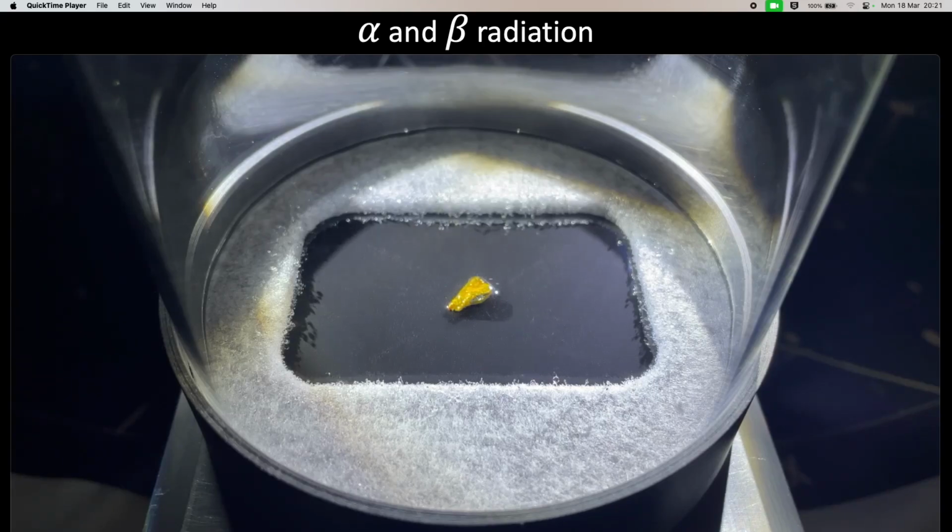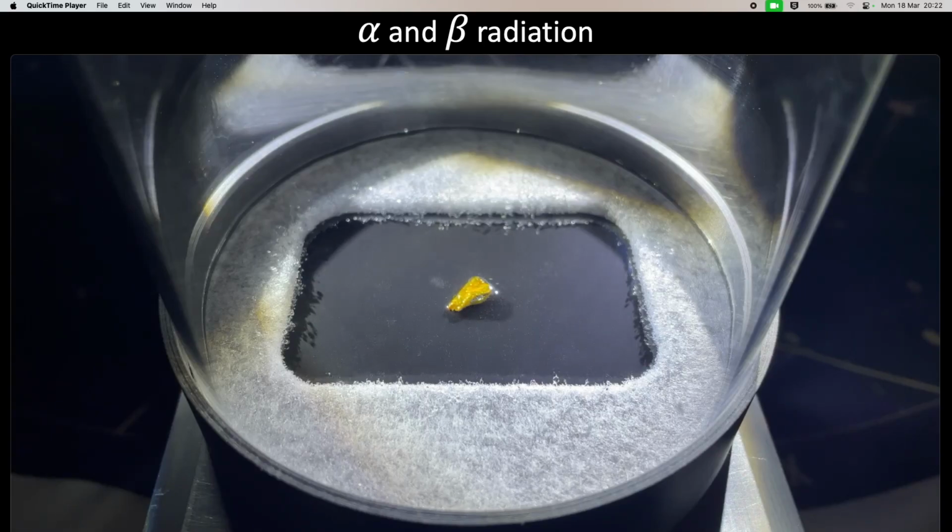But alpha is more of a bulldozer and will produce a much broader track, because the alpha particle is so massive compared to the electron, which is thousands of times lighter. So we can actually identify, just by looking at the tracks, what sort of particles are actually coming out of this radioactive sample.